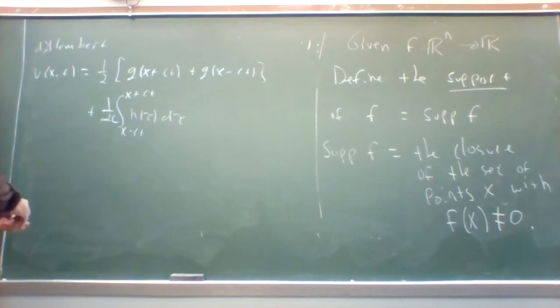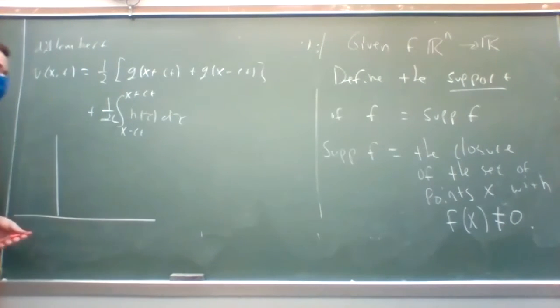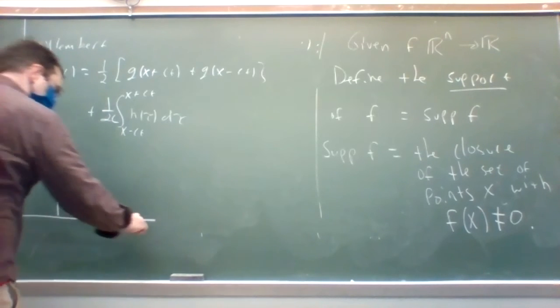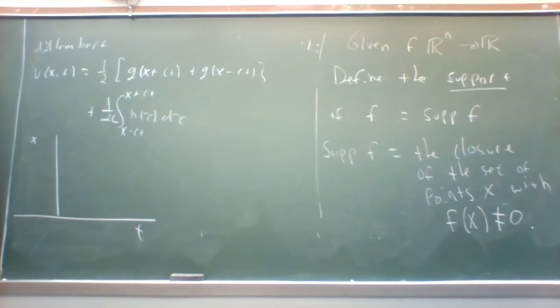And we go back and look at this setup. Suppose that now g is supported on some interval, a to b. So you draw some interval.